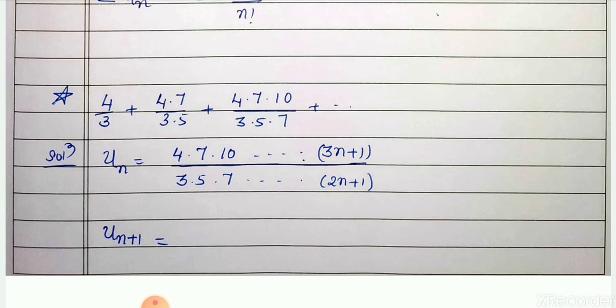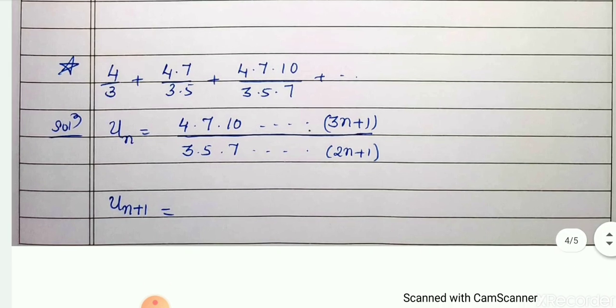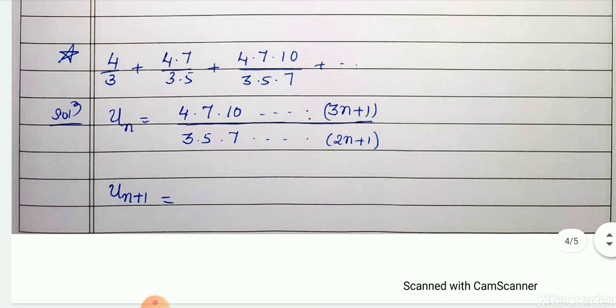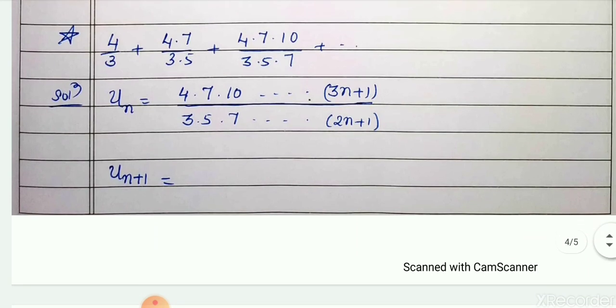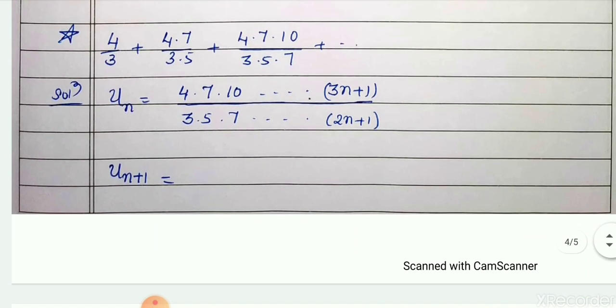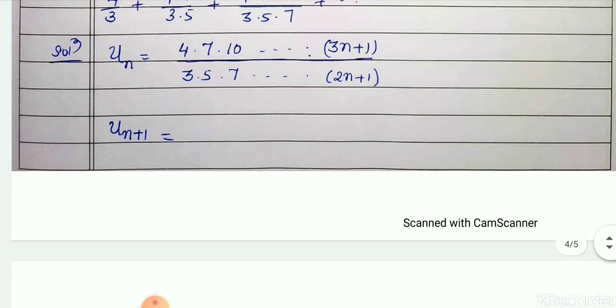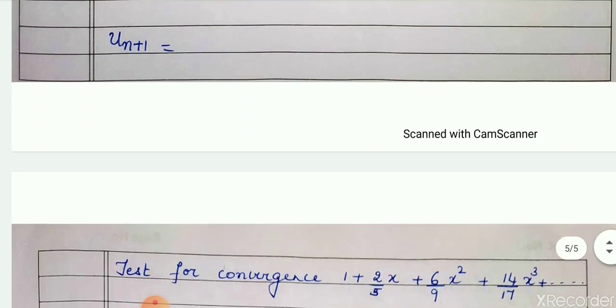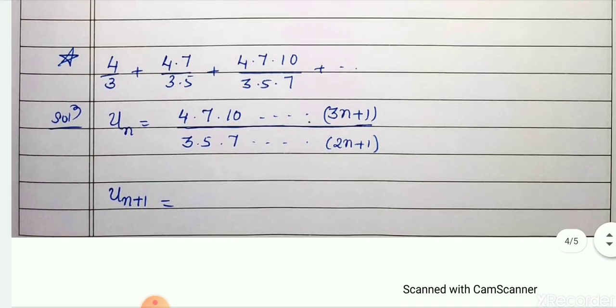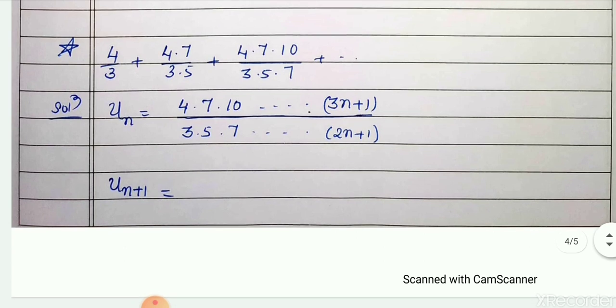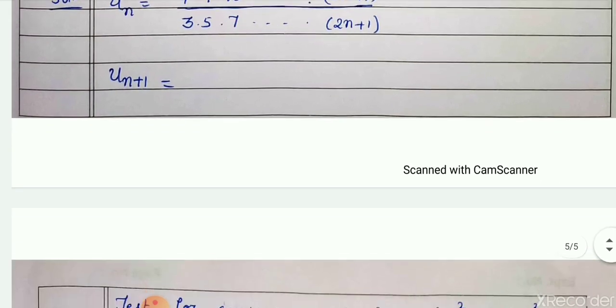You can see the terms in numerator and denominator are in arithmetic progression. We already discussed this type of an example. Write down un, then write un plus 1. When you're writing down un plus 1, you have to write down the nth term and the n plus 1 term. Then go for the ratio and then apply D'Alembert ratio test for this example.